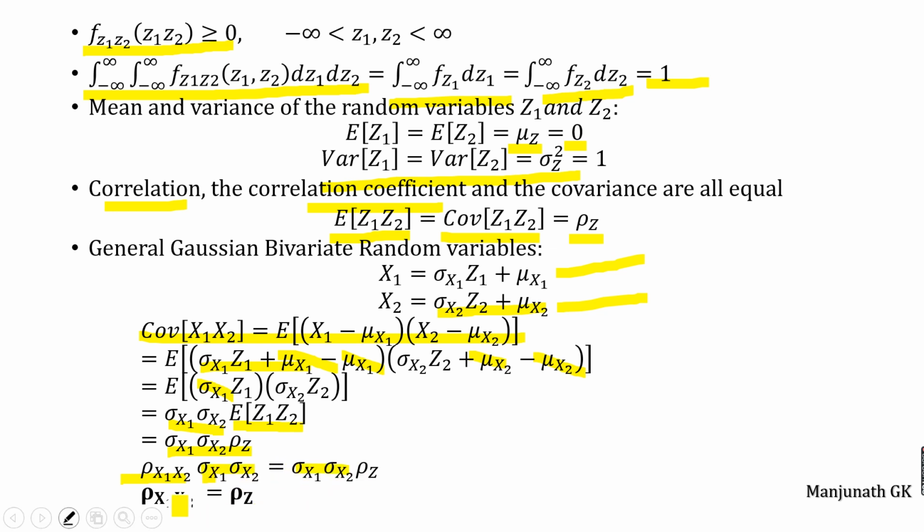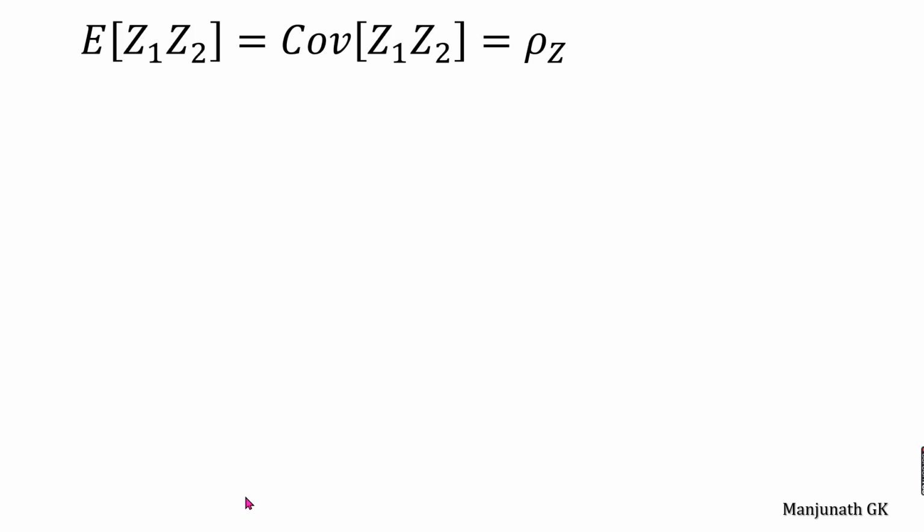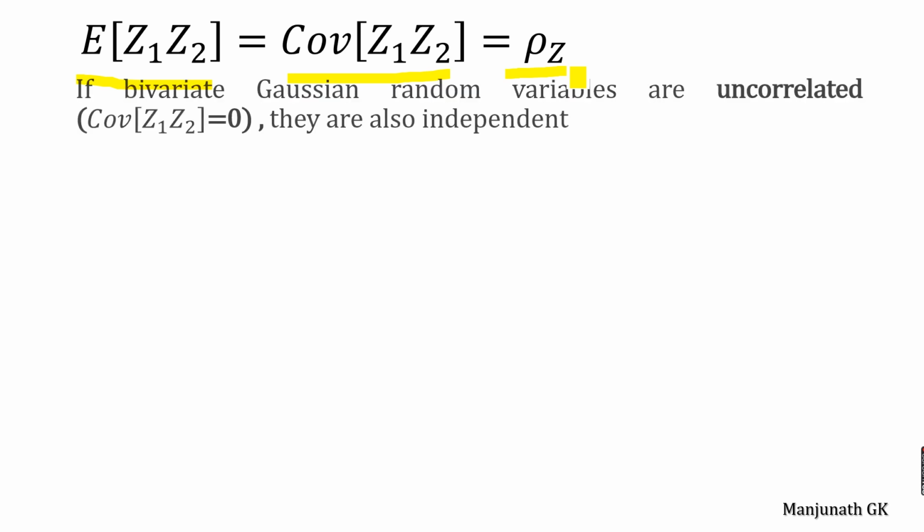The correlation coefficient of these two random variables is equal to the correlation coefficient of z. This is the property of a Gaussian bivariate random variable here. All right, so for a Gaussian bivariate random variable, covariance and correlation coefficient are the same as one another. Keep that point in your mind, it is needed for the further calculation.